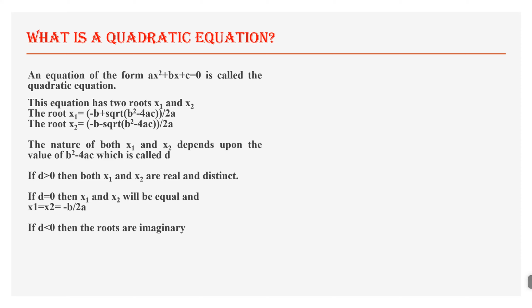Now there are three occasions wherein the values of x1 and x2 depend upon something called b square minus 4ac, which we call d, or the discriminant. If b square minus 4ac, which is otherwise called d, is greater than 0, then roots are considered to be real.